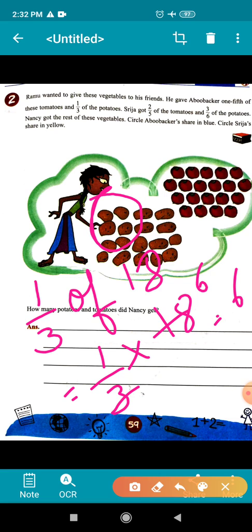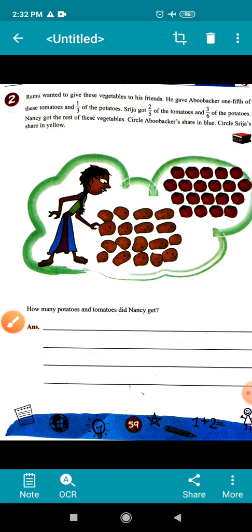Now similarly, we will calculate Shiza's share. So first we will calculate the number of tomatoes and potatoes that Shiza is getting. She is getting 2/5 of the tomatoes.